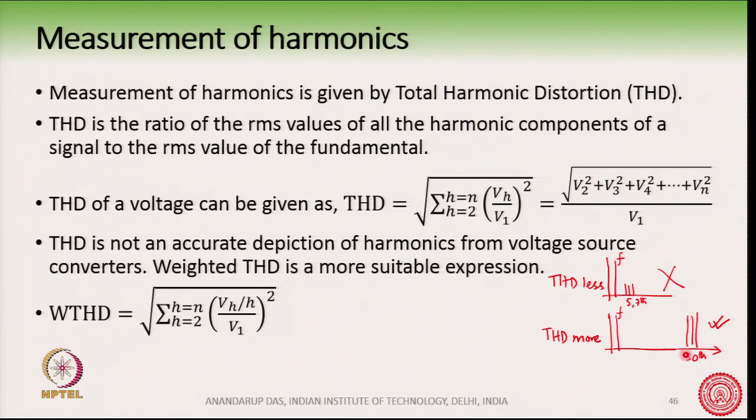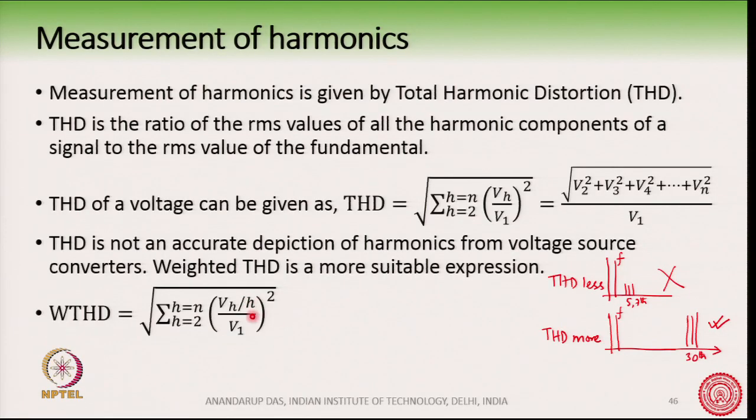So, therefore, THD is not an accurate depiction of harmonics from a voltage source converter. Instead, we use weighted THD. It is more suitable, where the weight of the harmonics has a role to play, that is, the position of the harmonics. So, the higher it goes, the lesser is the contribution.